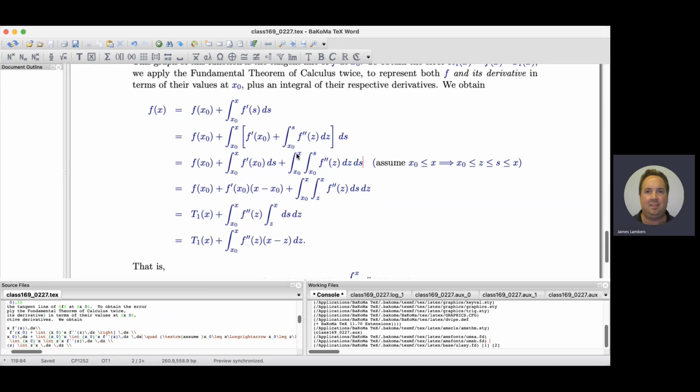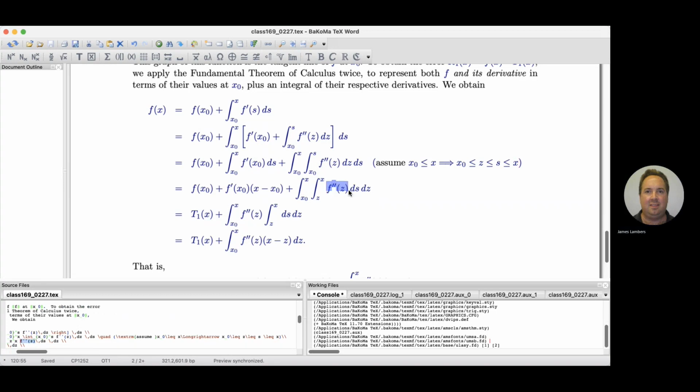In a way, you can think of this double integral as being over a triangle, and that's something you'll learn more about in Cal 4. So we're dealing with the same triangle here. Okay, but it's this relationship, this ordering, that leads to this. Now, by changing order of integration, f double prime of z does not depend on s. It's constant as far as s is concerned.